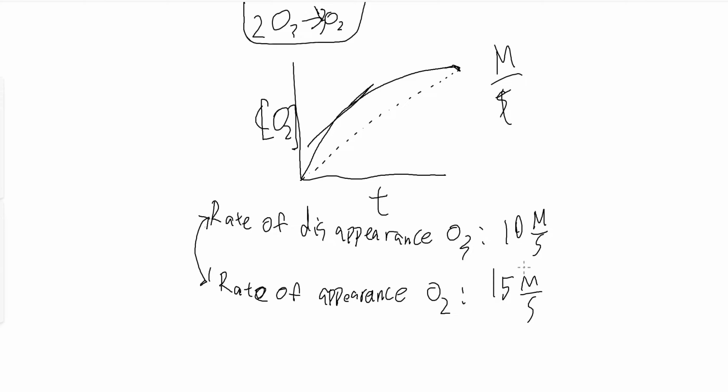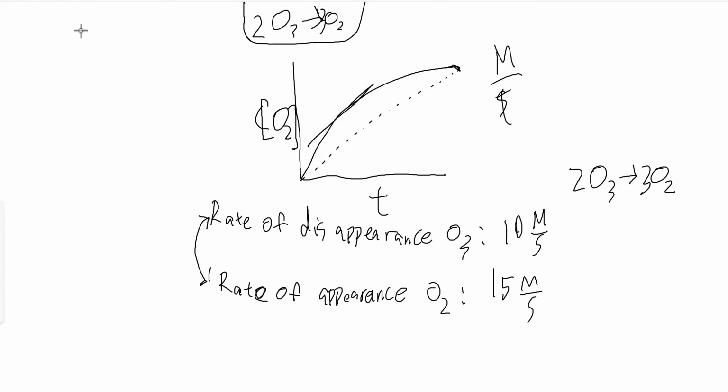Now the reason why I say that this is 15 and not something else like 11 or 20 is because of the stoichiometric ratio. If we write our reaction out here, you can see that our stoichiometric ratio is 2 to 3. That means for every two ozone molecules that disappear, 3 oxygen molecules appear, which means that the rate is always going to be in a ratio of 2 to 3.